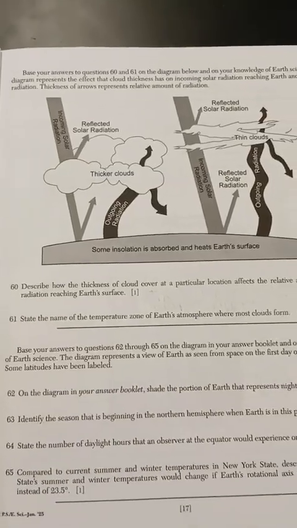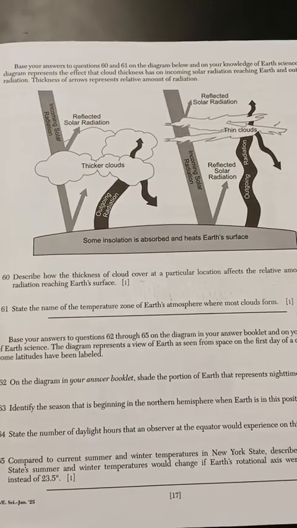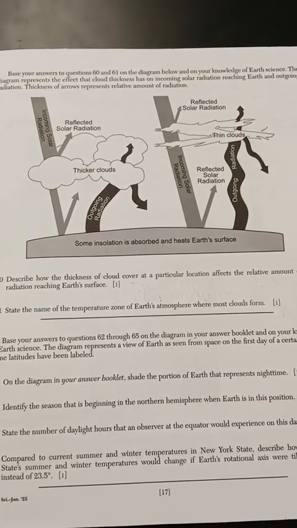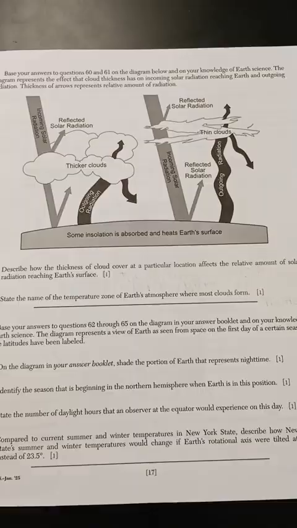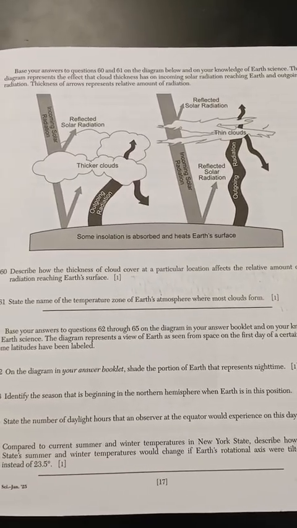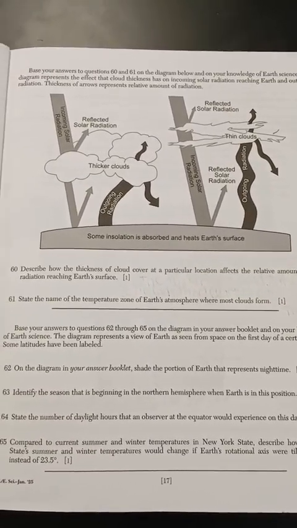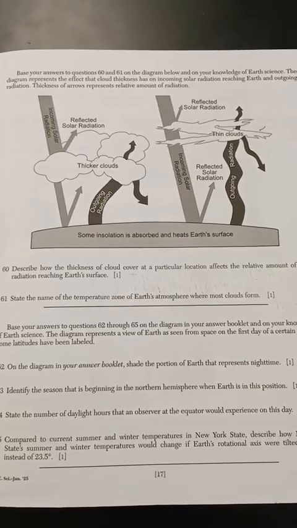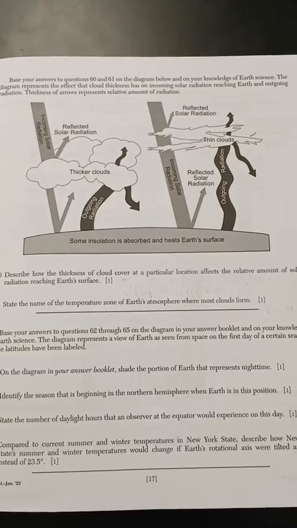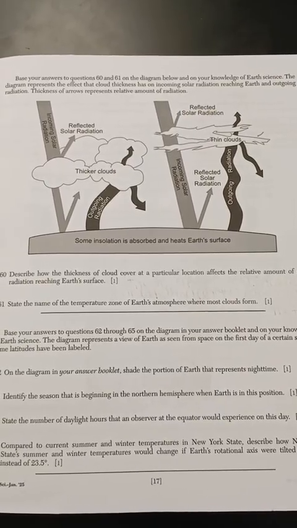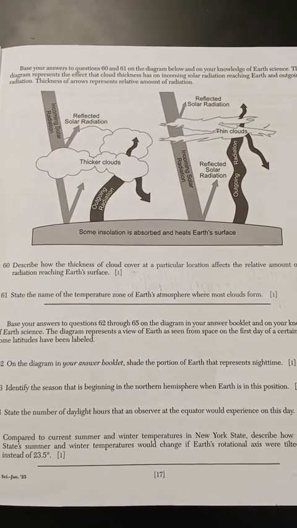Okay, this next one reads, base your answers to questions 60 and 61 on the diagram below and your knowledge of Earth science. The diagram represents the effect that cloud thickness has on incoming solar radiation reaching Earth and outgoing radiation.